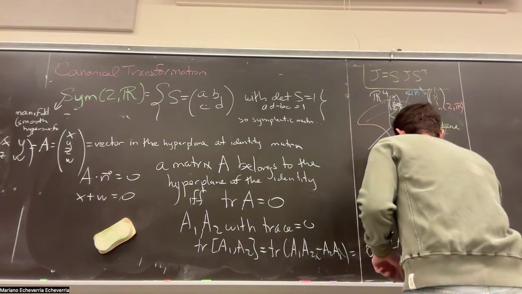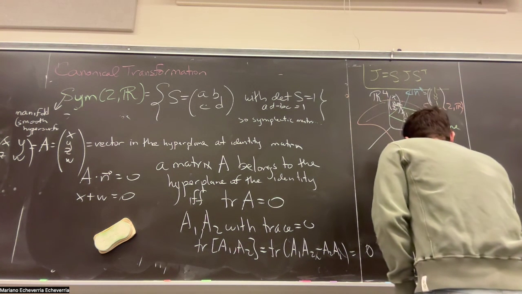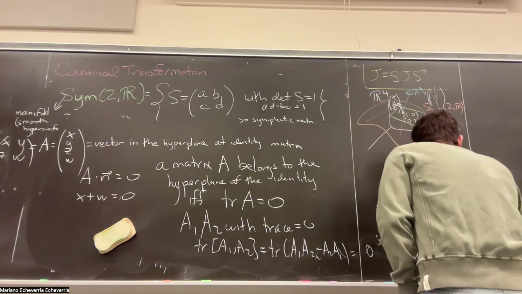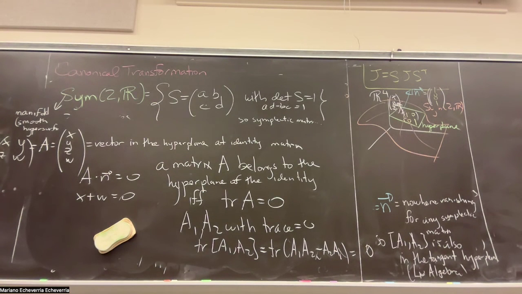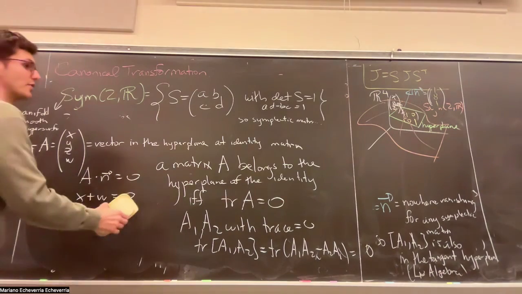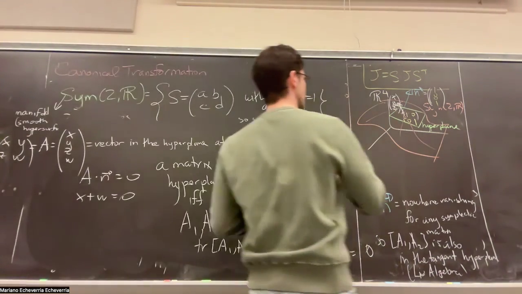So this is what's called a Lie algebra. That's not too important at the moment, but let me tell you what is important to remember from this discussion, and that's what I'll finish with today.